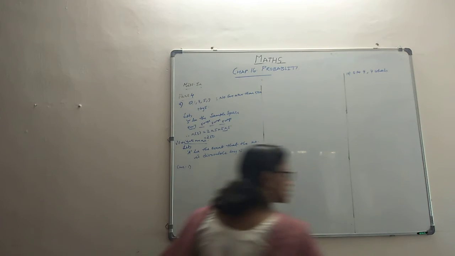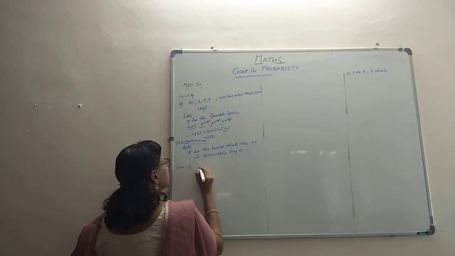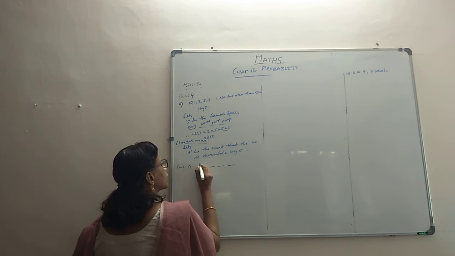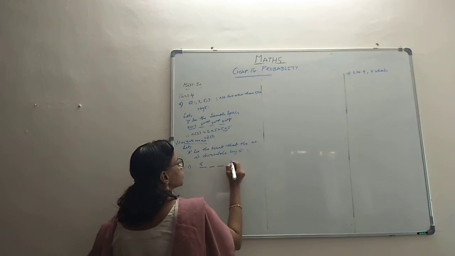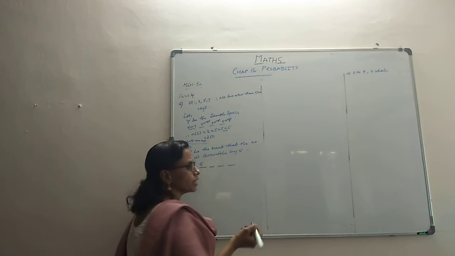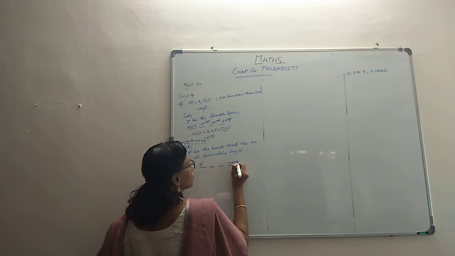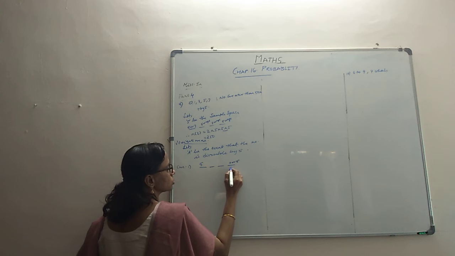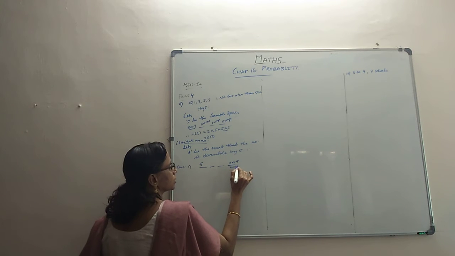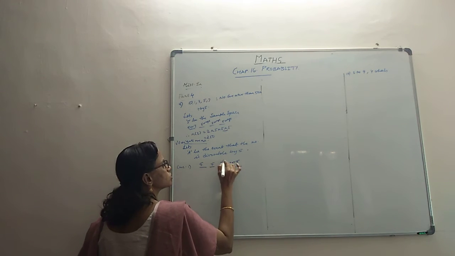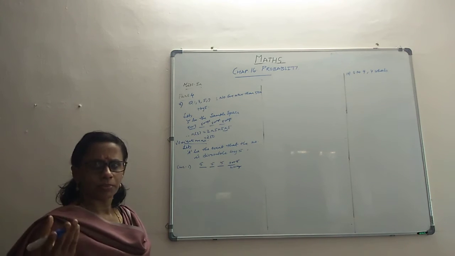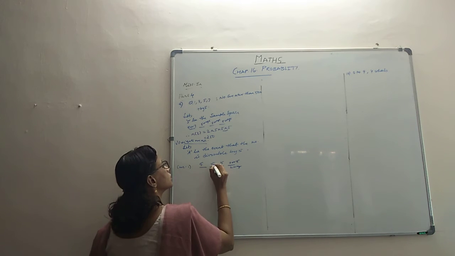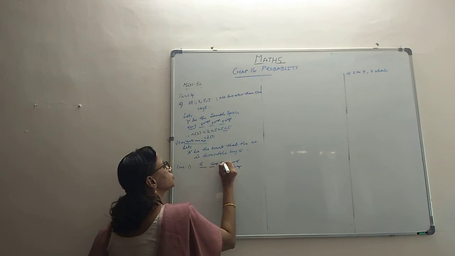Case 1: numbers starting with 5. Because repetition is allowed, the units place can be filled by 0 or 5, so this is 2 ways. Then this can be filled in 5 ways, and this also in 5 ways, because repetition is allowed.